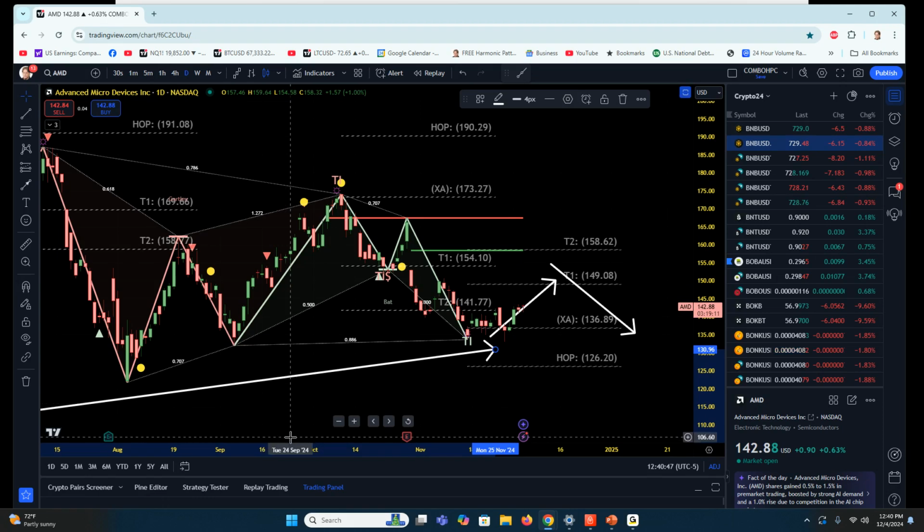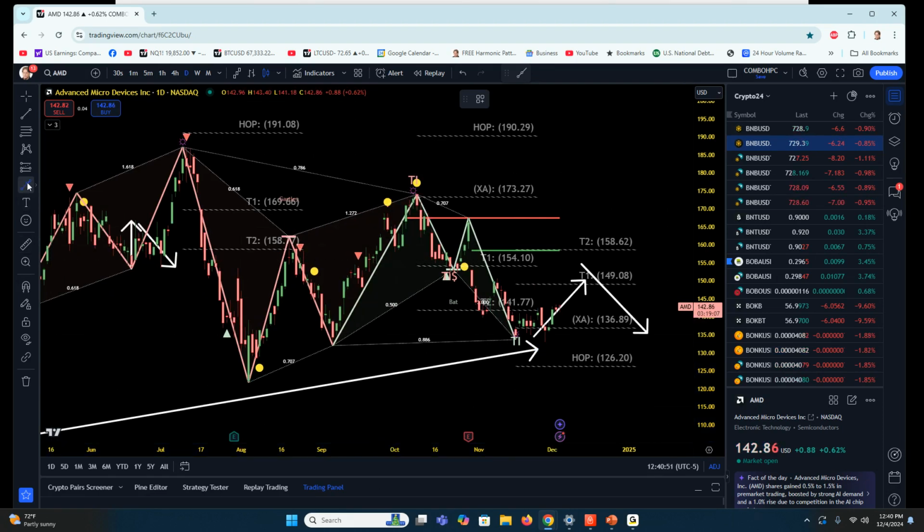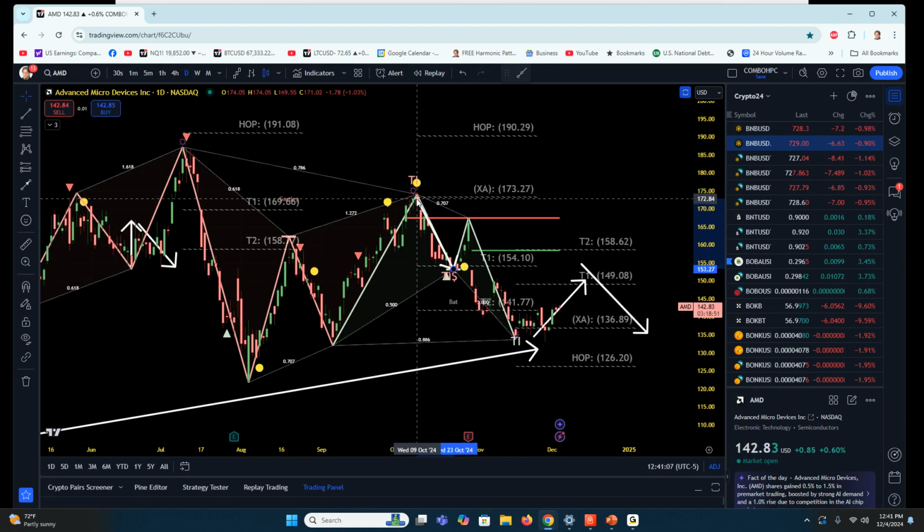Versus, say, and we have back-to-back several pattern situations going on, but there was the Gartley that preceded this, yellow dot. Even that went from 173 down to 154 and had a reaction off of T1. This is also something that, again, spend time with the software.